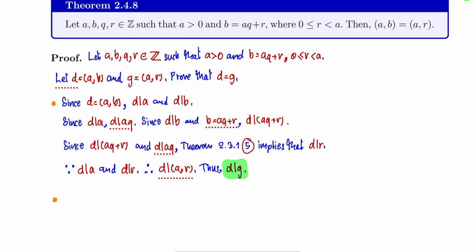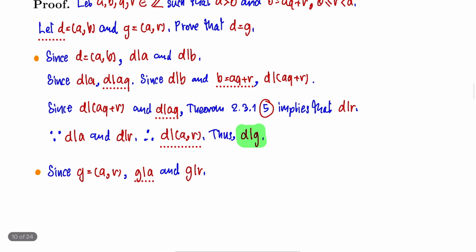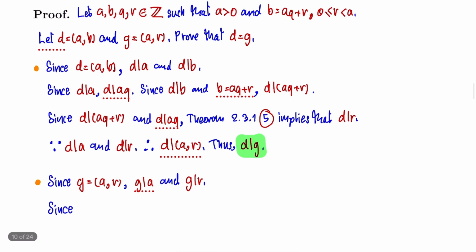Alright, let's go. g divides d. So we want to start with g. g is the greatest common divisor of a, r. What does it mean? That means that g divides a and g divides r. Then what do we have next?